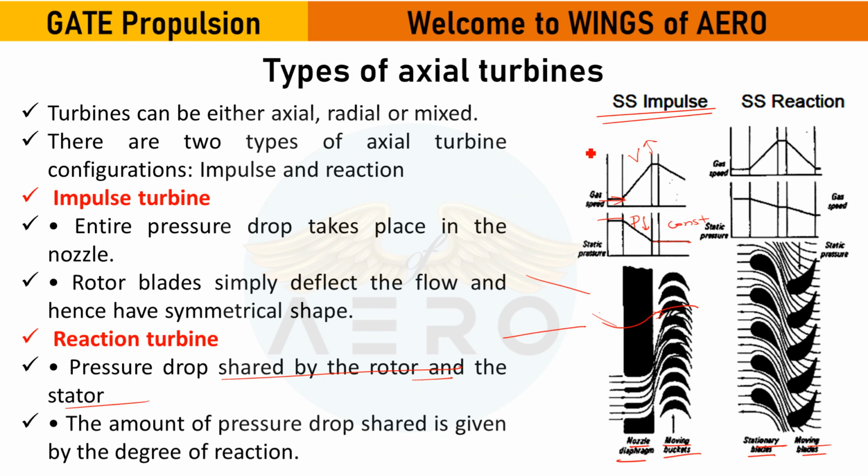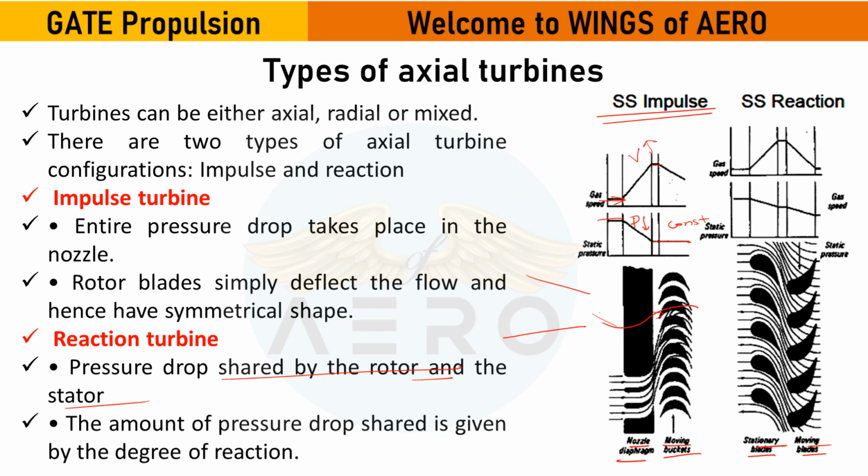What I said, the main purpose of the turbine is that at some point it will increase the velocity, or help to increase the kinetic energy. Now after it enters the rotor, what happens? It falls, right? Again it falls.